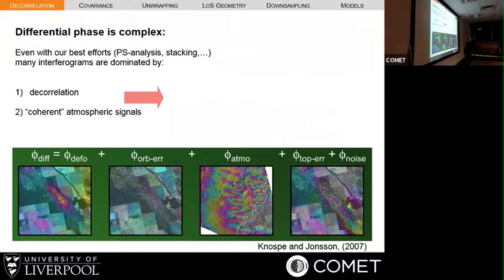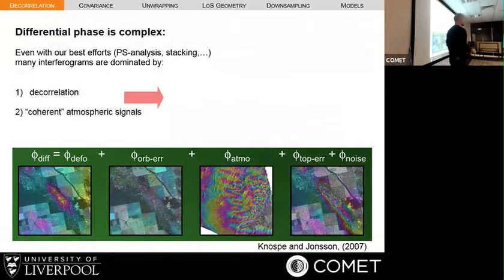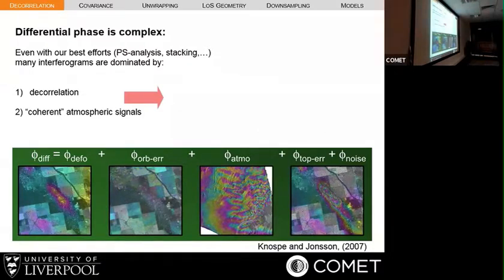It's not that there are no others. The first comes from decorrelation, which is easiest to see as temporal changes of elements within a pixel that reduce the phase stability and increase its variance, so our interferogram looks much noisier. And even when the coherence is really good, we still have the InSAR atmospheric noises that you heard about yesterday, which we somehow have to account for.